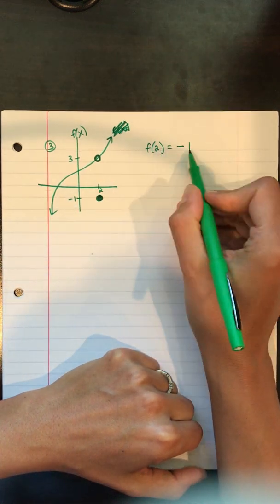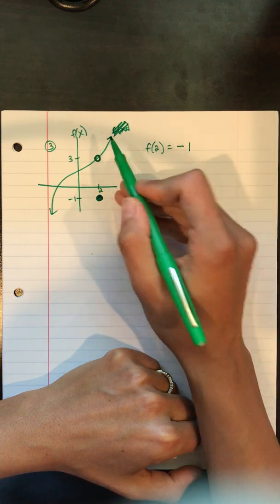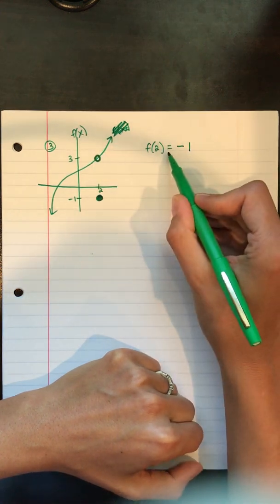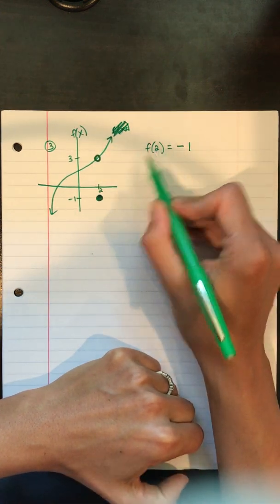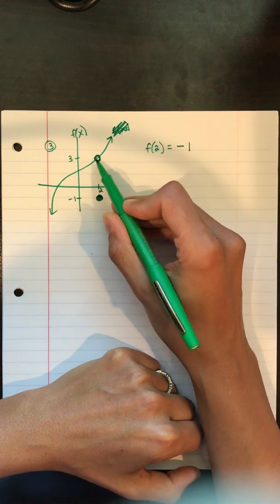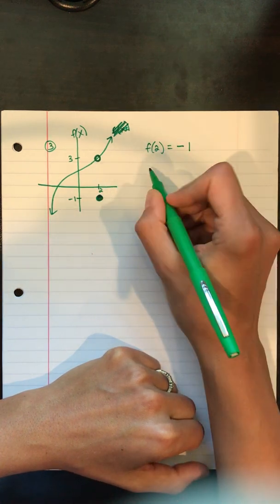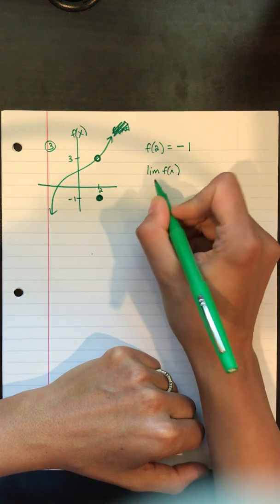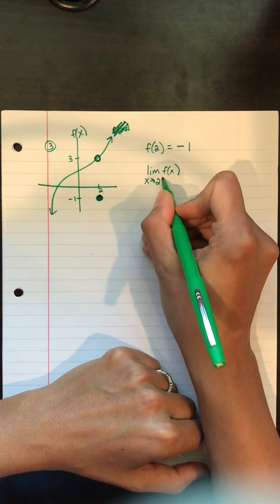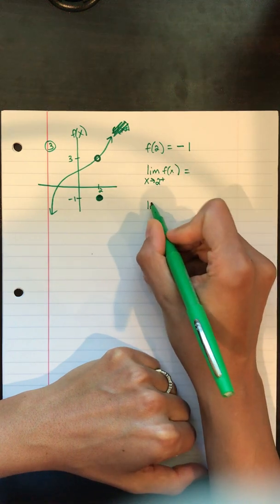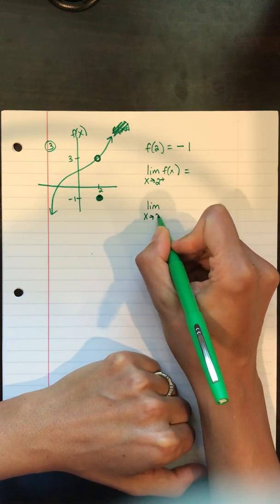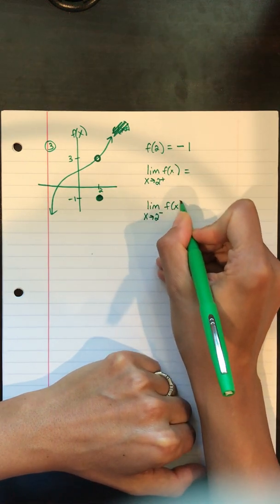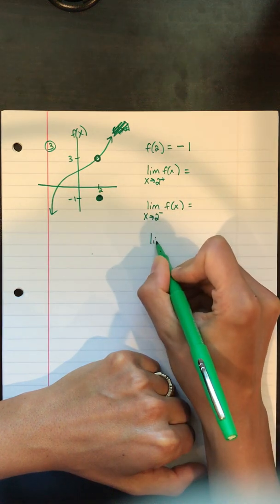So this function value exists. The function f of x has a point at x equals 2. It is -1. It jumped, but that's fine. So now I'm going to ask you the limit questions. What's the limit as x approaches 2 from the right? What's the limit as x approaches 2 from the left? And what's the limit at 2?